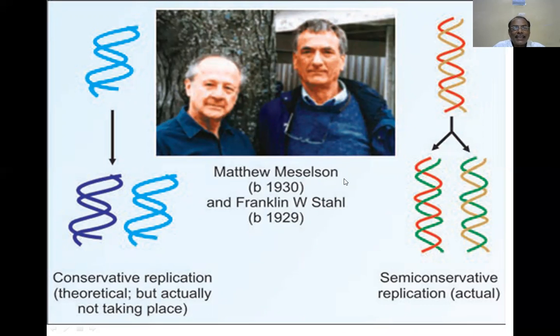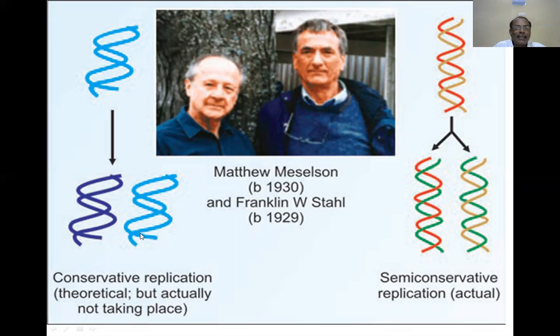Matthew Meselson and Stahl told us that it is semi-conservative replication. That means these two strands will be separated, and based on the dictation of one strand of the mother DNA, following the base pairing rule, exactly the opposite strand is produced.